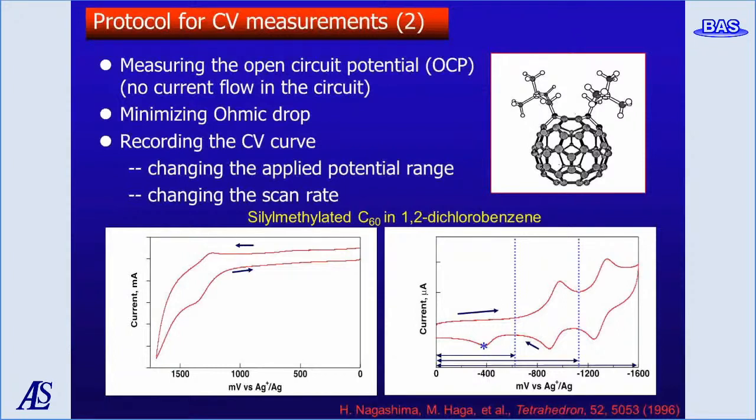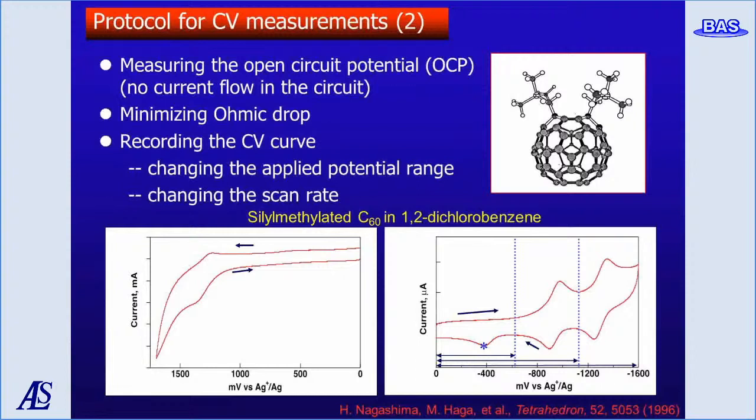This new anode peak could be an oxidation wave from a reactant produced as a result of the reduction reactions. Therefore, we should change the sweep potential range: from 0 volt to minus 600 mV, or 0 volt to minus 1200 mV, or 0 volt to minus 1600 mV.